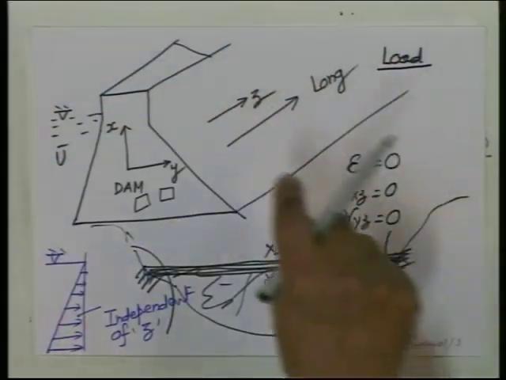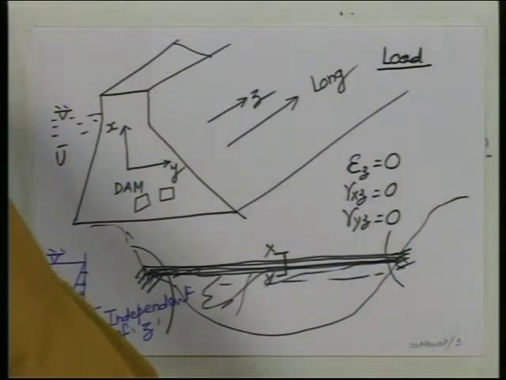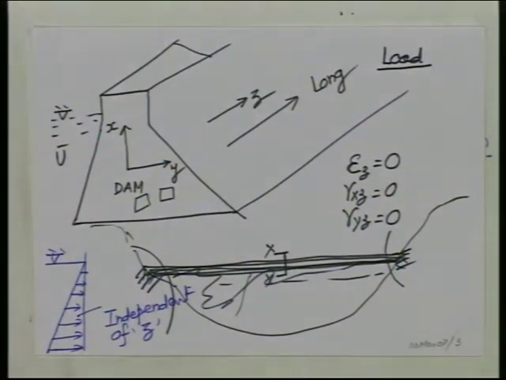Away from it, its effect dies down. This is the simple way of explaining St. Venant's principle. If you apply a load here, in the neighborhood there is maximum effect, and as you go away it just reduces, and here its effect will not be felt.